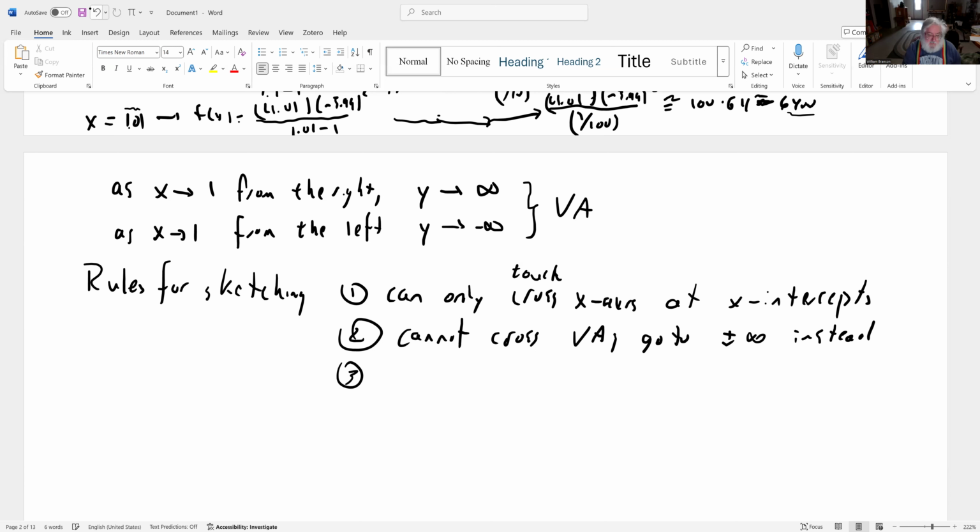Basic rule of thumb, even power, same sign; odd power, opposite sign.